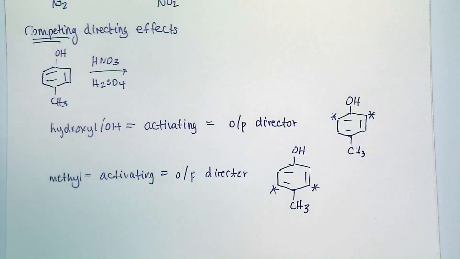Okay, we don't know how to put an NH2 group on just by itself, but we do know how to put a nitro group on. And then we can use that other reaction to reduce it to an amine. There should be three steps.